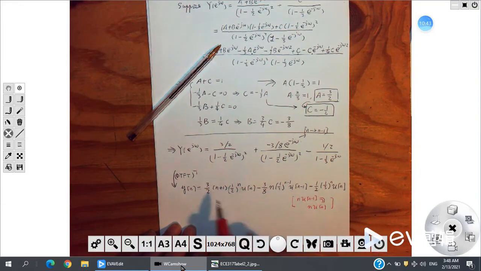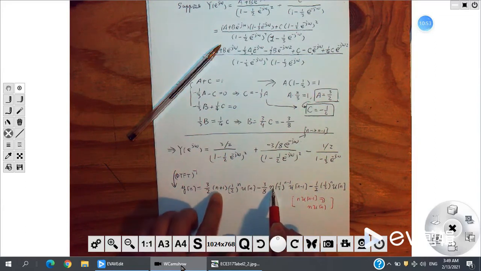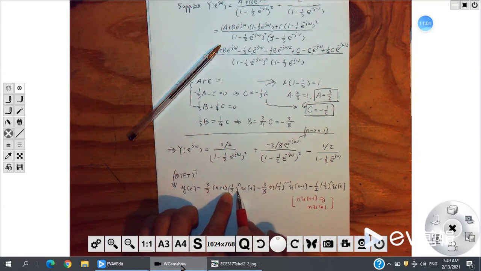Second thing, you see here's n plus 1. Here's n. So we can separate n plus 1: first is n, second is just 1 times it. The first n combines with these, so I can have the term with n as one term, and the term with no n as another term.